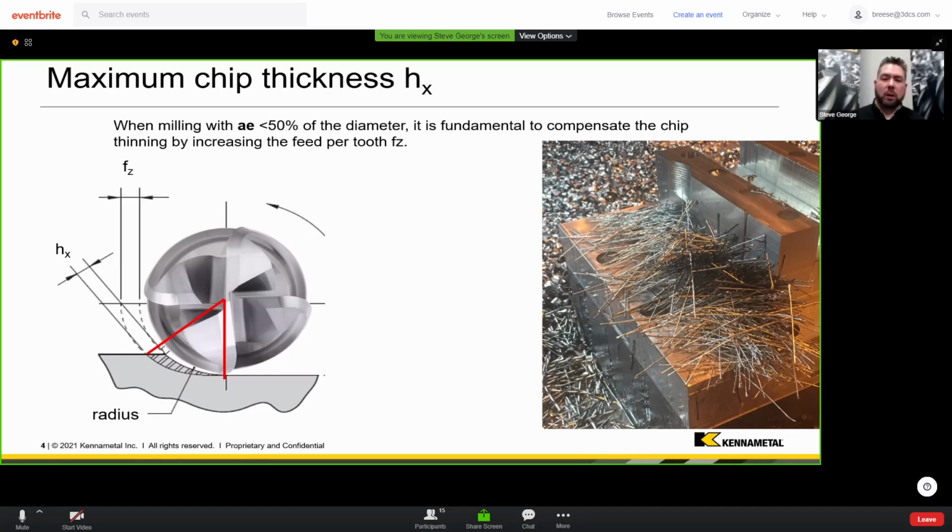The one thing you have to keep in mind, and we're going to talk about this as we get a little further in, is how this changes in corners and other changes of direction. You think you have a certain radial depth of cut, maybe you go around a corner and you're taking off the same stock removal, but as the vector path of the cutter changes, I could engage more of it. So that's one of the things to keep in mind that we'll talk about a little bit more.